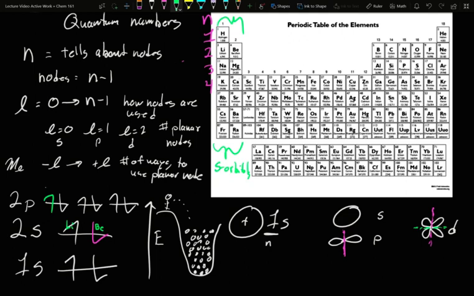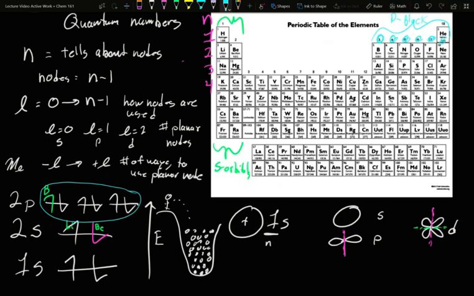The 5th electron, well, that was boron, is the 5th element in the periodic table. This whole section over on the right, the 6 elements in that section, and you'll notice there are 6 electrons to fill the p orbitals. This is the p block.